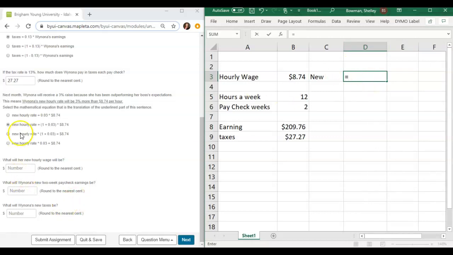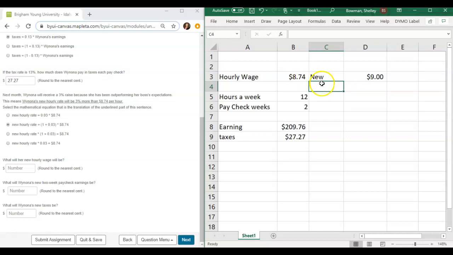So her new wage equals, or new hourly rate equals 1 plus 0.03. I'm going to give ourselves some parentheses. 1 plus 0.03 and close the parentheses. And times, and since I have it listed here, I'm just going to cell reference instead of typing 8.74. And just one left click, press enter, and that gives us her new hourly rate.